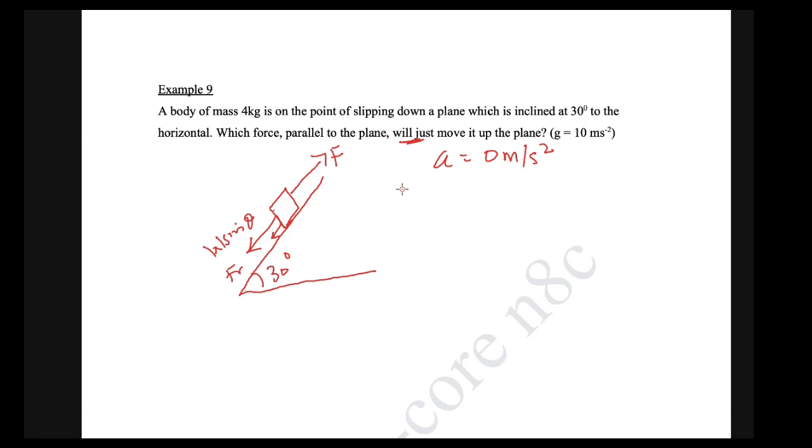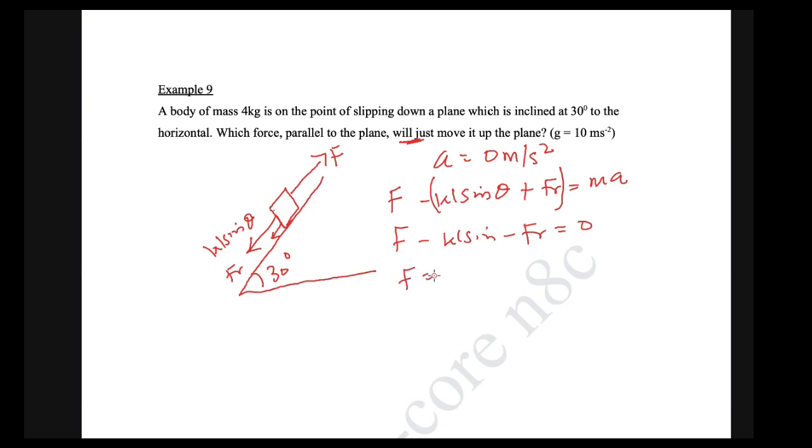Now, resolving the forces along the plane, we have F minus W sine theta plus frictional force must equal MA. Acceleration in this case is equal to 0. I have to put this in parentheses. So F minus W sine theta minus Fr must equal 0.